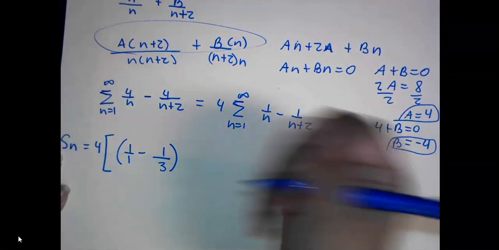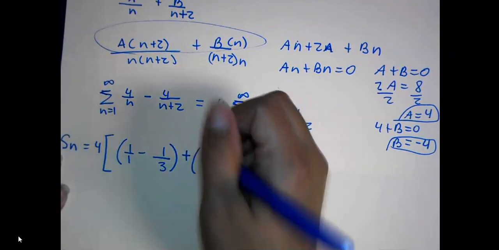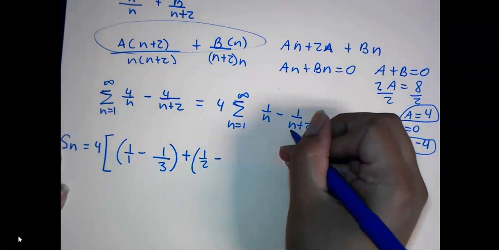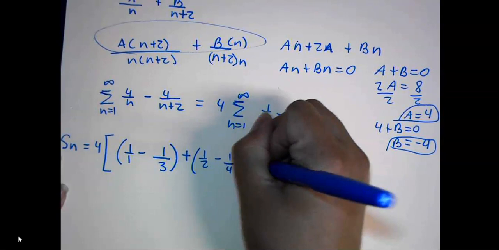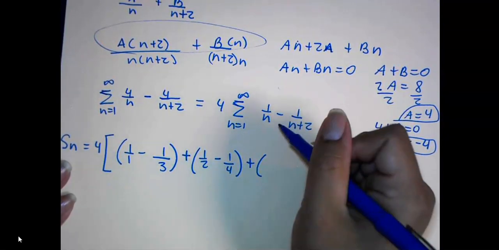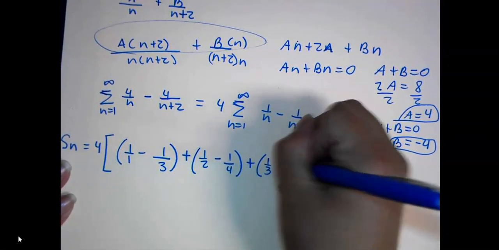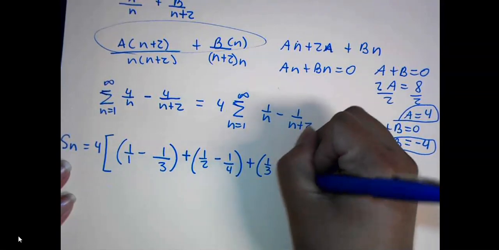That's my first term. Second term, I'm going to plug in a 2. I'm going to have 1/2 minus 1 over 2 plus 2, which is 4, so 1/4. Let's just plug in a third one so that you see what's going to happen. 1 over 3 minus 1 over 3 plus 2, which is 5, so 1 over 5.